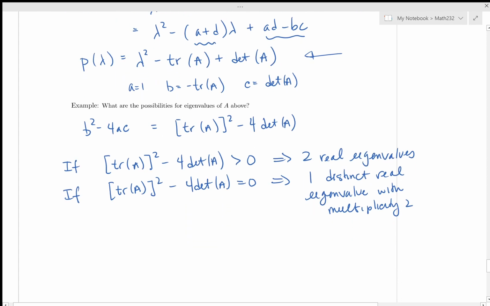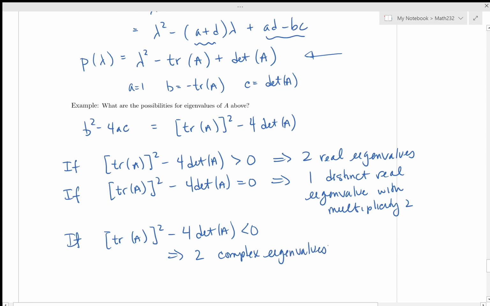And then if the trace of A squared minus 4 times the determinant of A is less than 0, that's the third possibility, we get two complex eigenvalues, one the conjugate of the other. And those are the three possibilities.